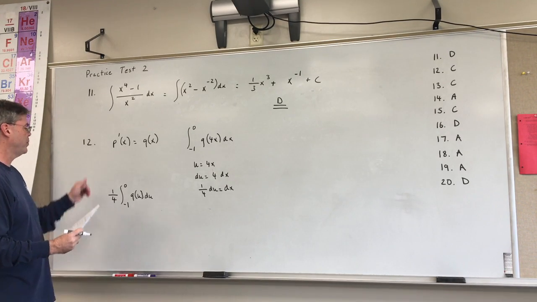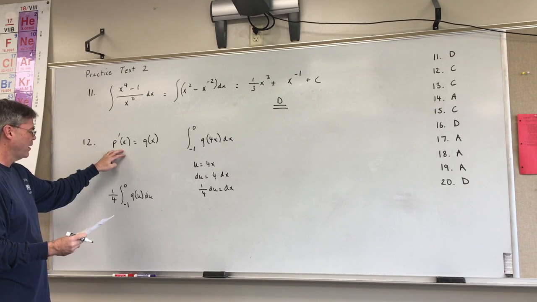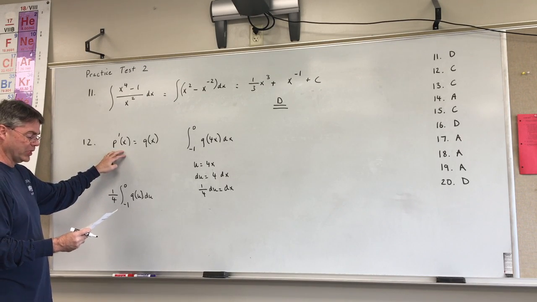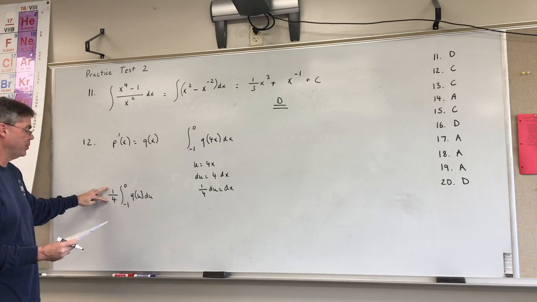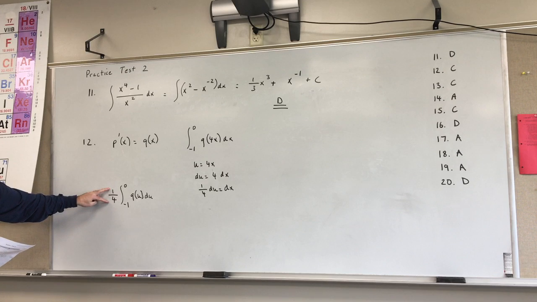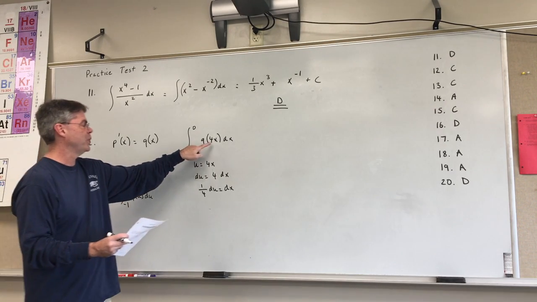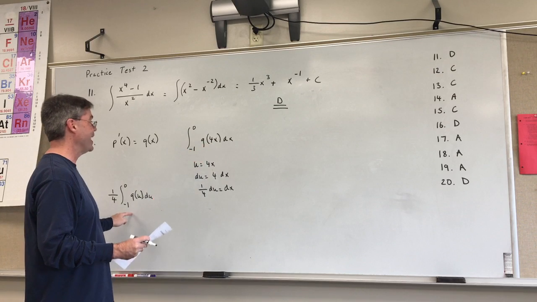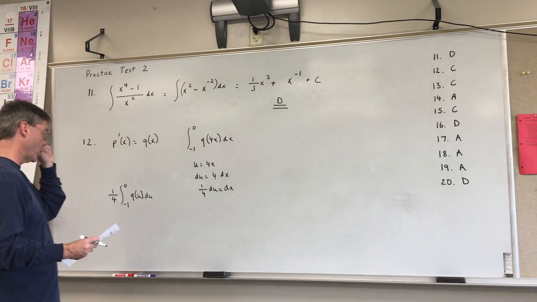All right, and we know that P prime of x is equal to Q of x. Well, if you just look at the answers, you know that 1/4 is going to be in the answer. And then you know it's going to be P of 0 and then P of negative 4, because when we put negative 1 in there, 4 times negative 1 would be negative 4.